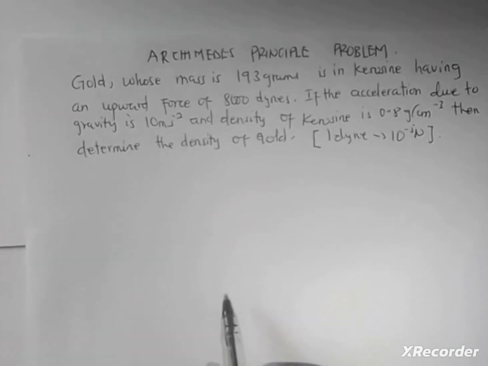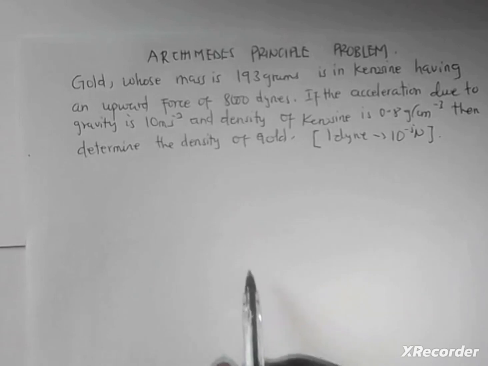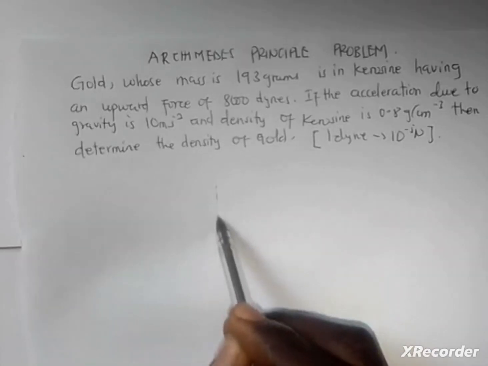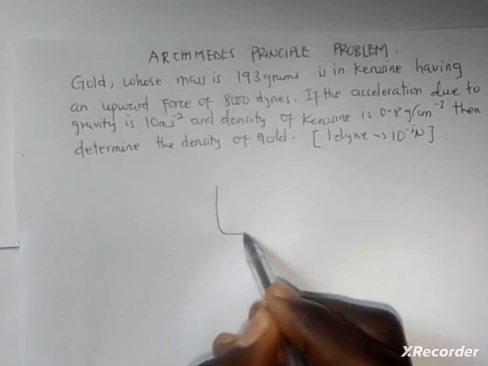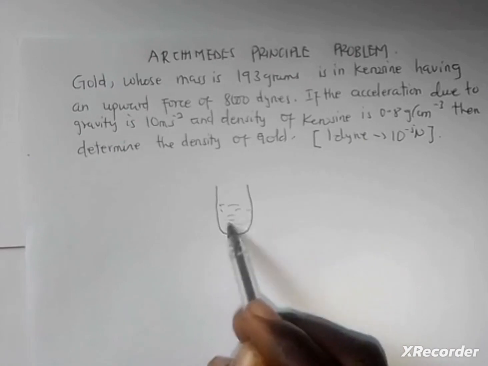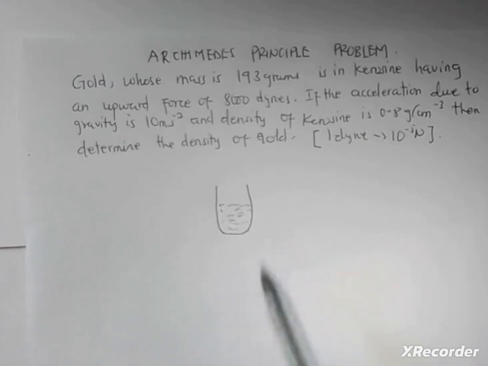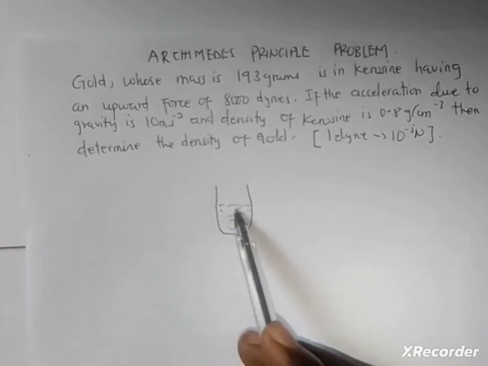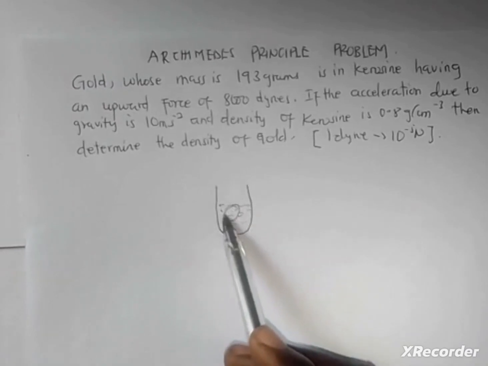So I always say when you are tackling any physics problem, it's very advisable to draw a diagram. So you're going to have a container, and in this container we have kerosene. There is a mass of gold immersed in it.